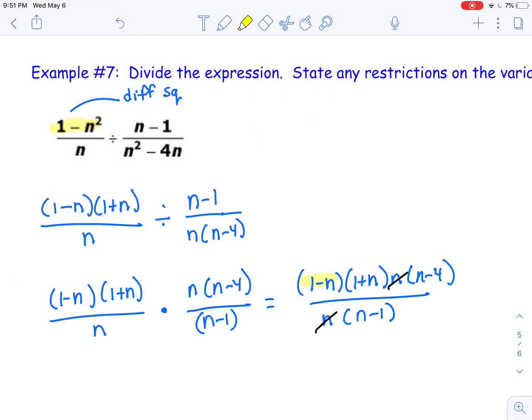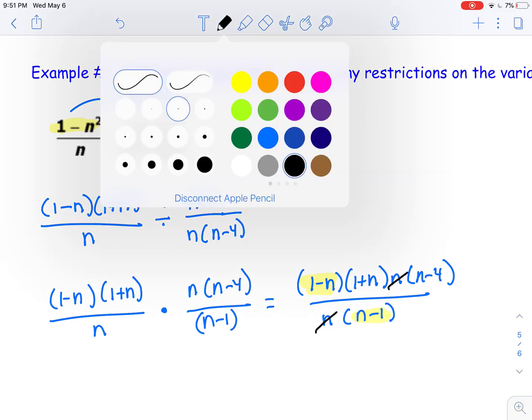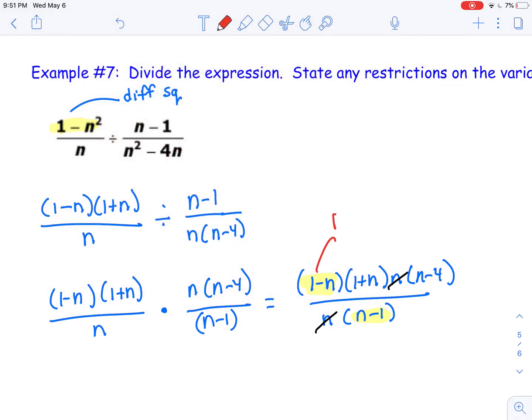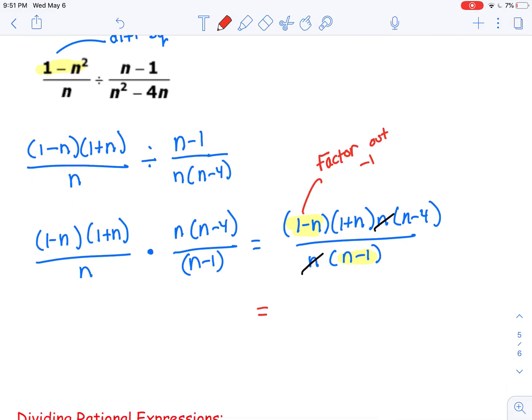But when I'm looking at n minus 1 and 1 minus n, they're very close, but they're not exactly the same. We learned yesterday that we can factor out a negative 1. If I do that, I'm going to get a negative 1 out front. This becomes n minus 1. I have 1 plus n.